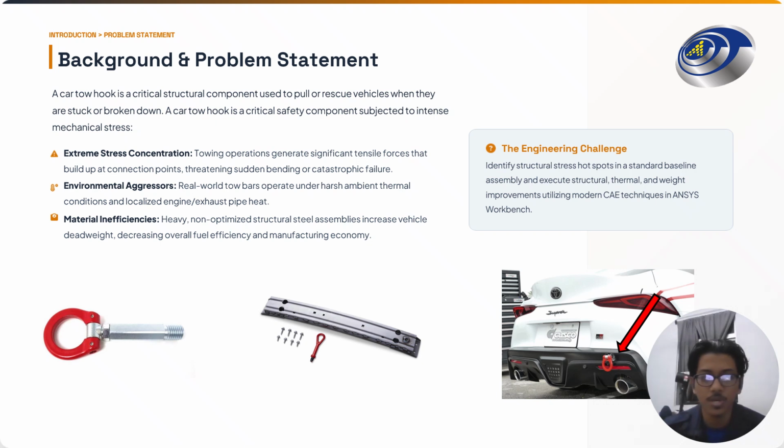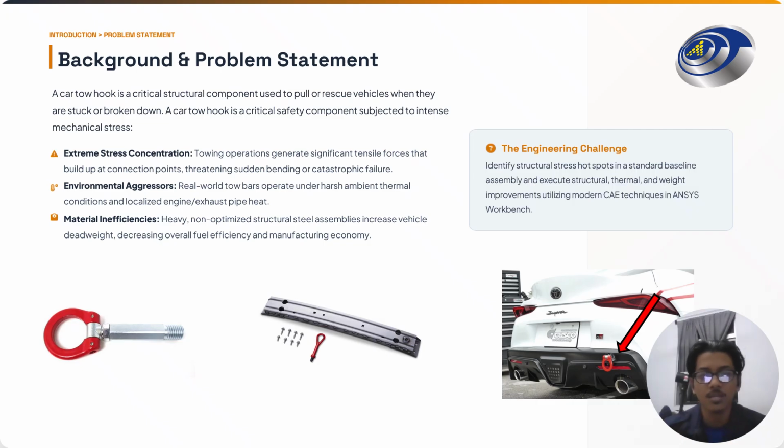The problem that we are trying to overcome is extreme stress concentration, environmental aggressors, and material inefficiency. The first problem is that the towing operation generates significant tensile force that builds up at connection points, threatening sudden bending or catastrophic failure.